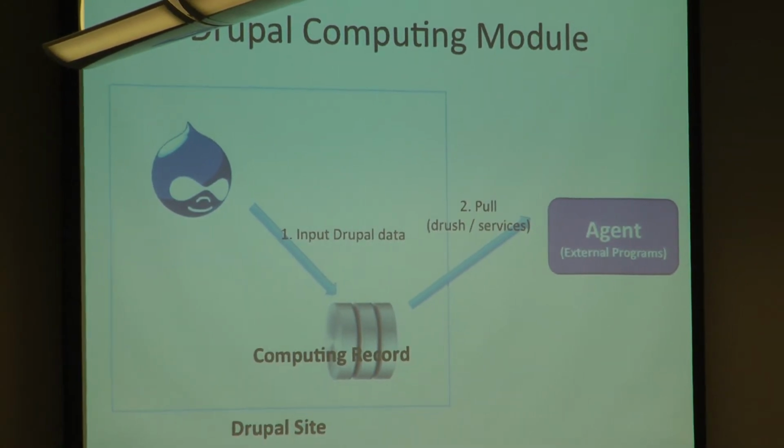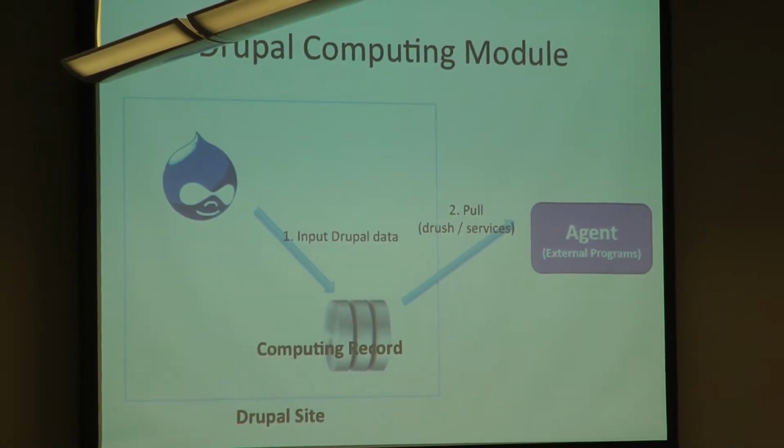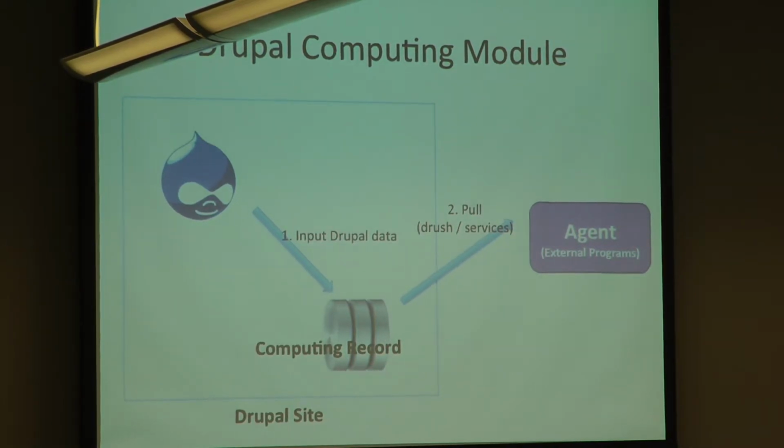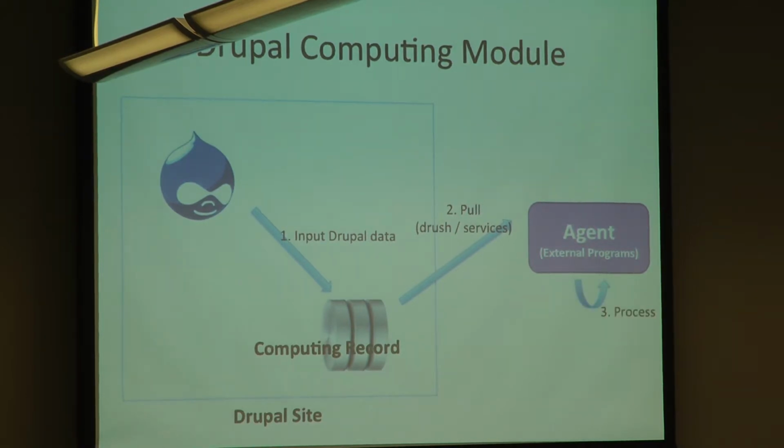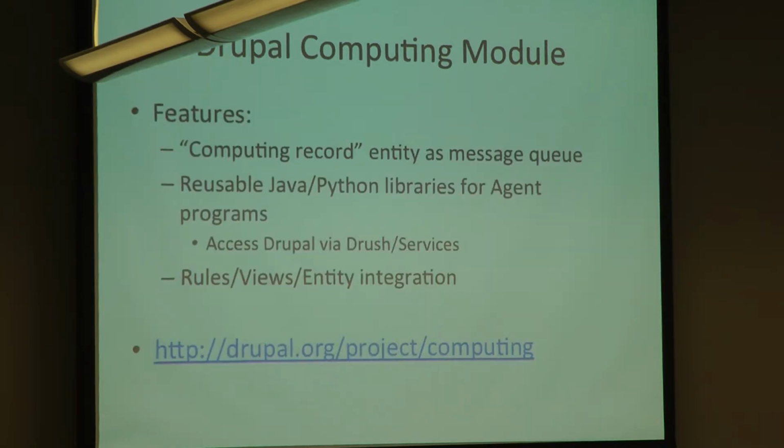You basically export Drupal data into the computing record, and then your engine program pulls data from those computing record entities through either Drush or the services interface, and then your external program processes the data and saves it back to the entity, and then Drupal will handle the data from the engine program and integrate it with Drupal. So that's what this module does. It helps you do this whole process of making Drupal work with external programs.